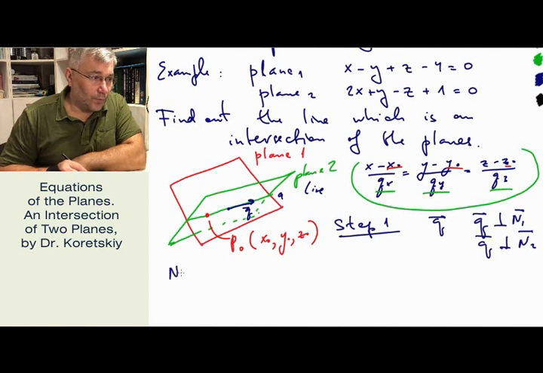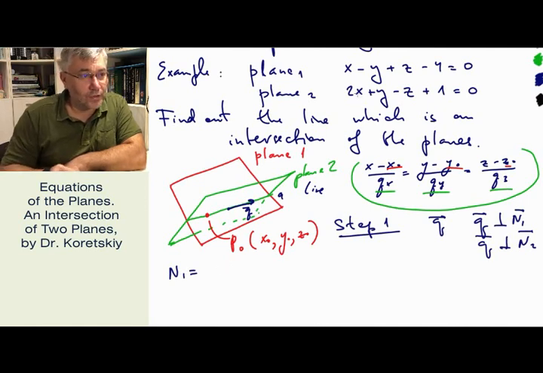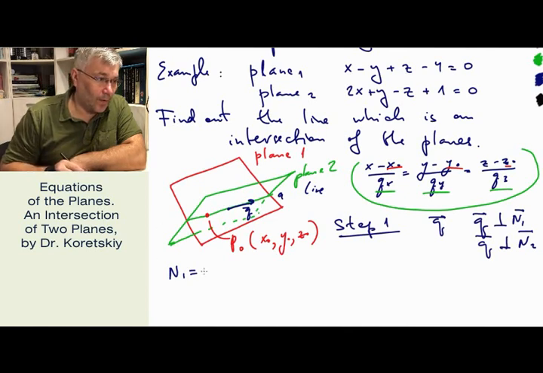Vector n1 has components A, B, C, the factors beside the coordinates x, y, and z in the plane equation. Here we have 1, minus 1, and 1.